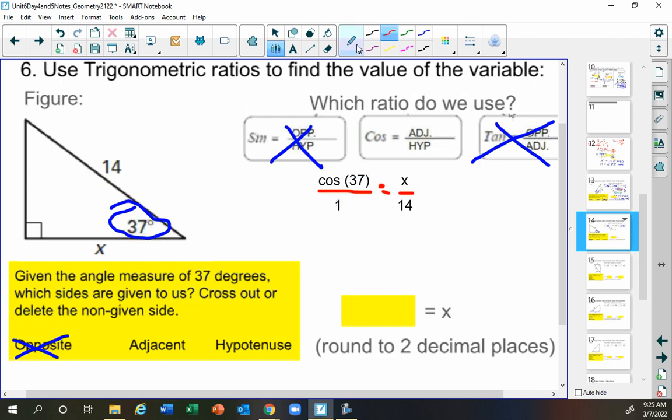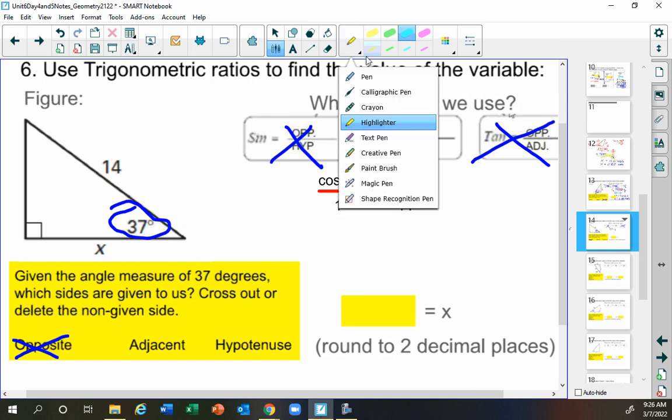All right, now, like before, what do we need to do? Well, before we do that, what do we have to do with the cosine of 37? What does that become?